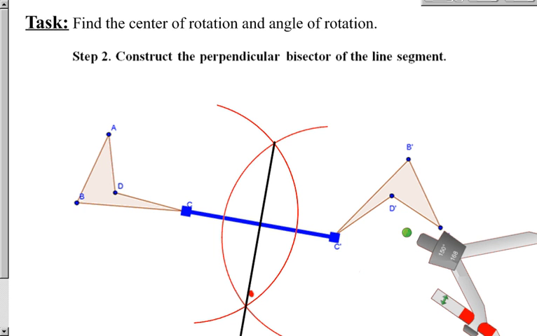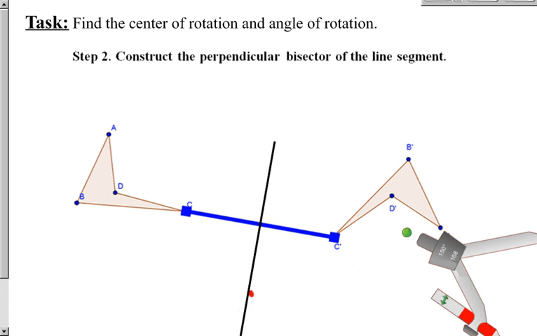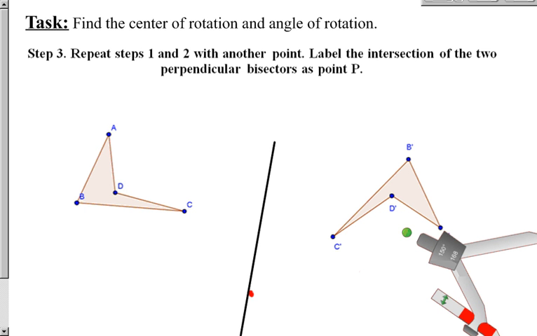And let me actually get rid of some unnecessary parts right here, including C, because that's all I need. And then step number three says, repeat steps 1 and 2 with another point, other than obviously C and C prime, and label the intersection of the two perpendicular bisectors as point P. Okay, so we already chose C, so let's go with D. And D will be right here, just a little bit right there.